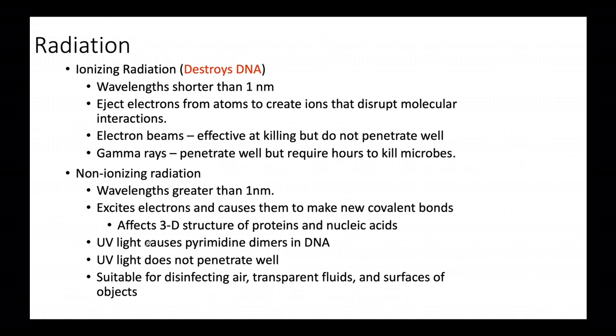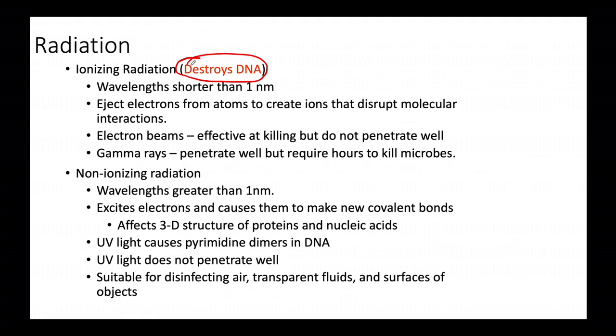Radiation is another way to reduce the number of microbes, because radiation is going to target a specific thing. Radiation is going to negatively affect DNA in a cell. This can be used to irradiate food or to irradiate different objects that we can then get rid of the microbes on. Like the Petri plates that we delivered to you guys were irradiated after being put in those sleeves.